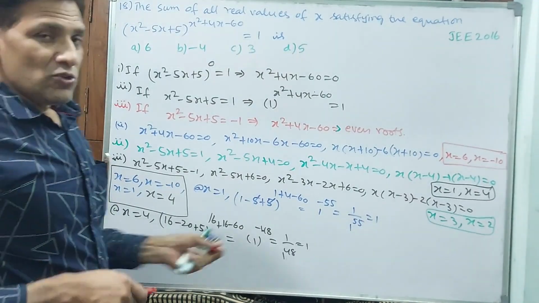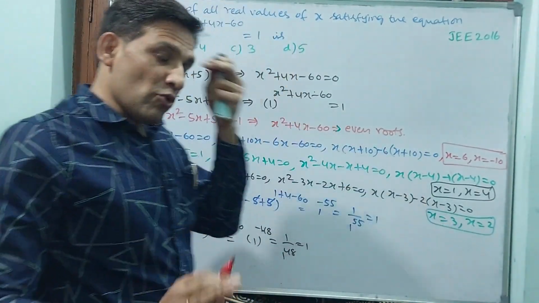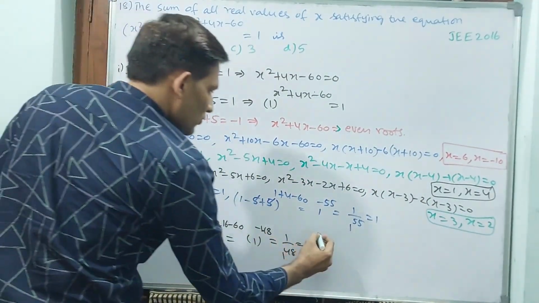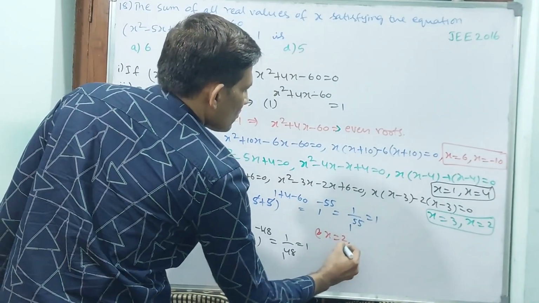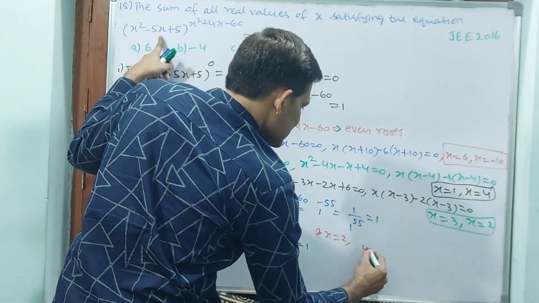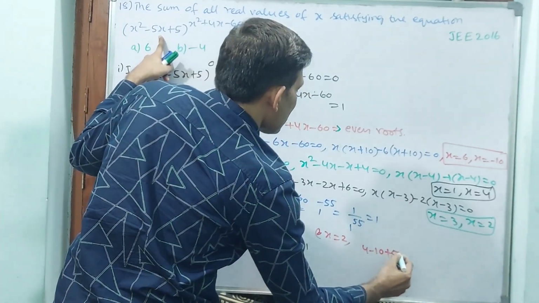Now go for x is equal to 2. X is equal to 3 we don't go to yet, because that is not applicable; we will go last. We will see first x is equal to 2. At x is equal to 2, 4 minus 10 plus 5.